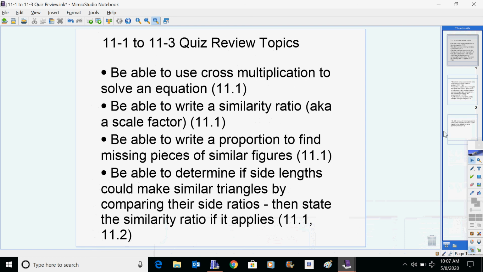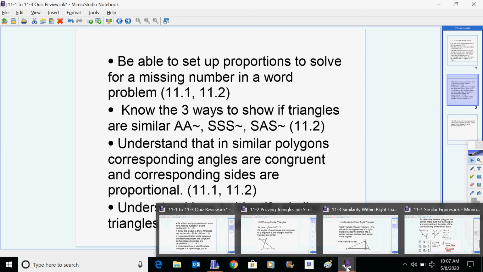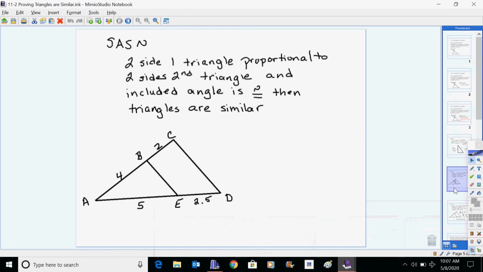Now you will be using your OneNote sheet for this, so you can put whatever you want on there. Also in section 2, it's mentioned as well. A lot of these do overlap. In section 2, once again, you could have your similarity ratios.